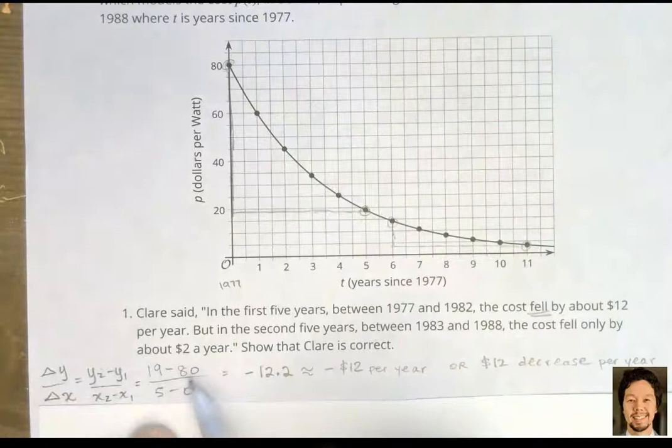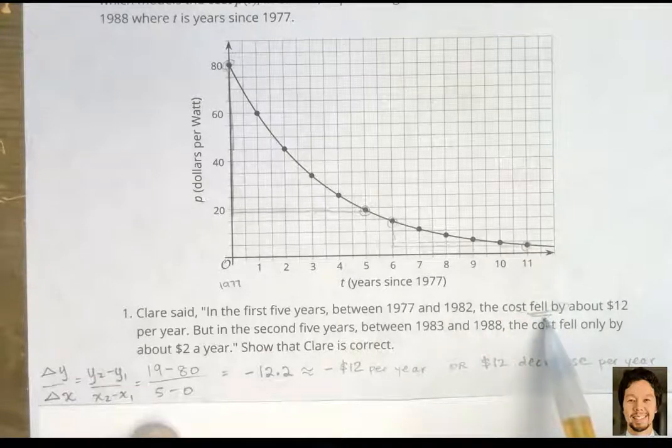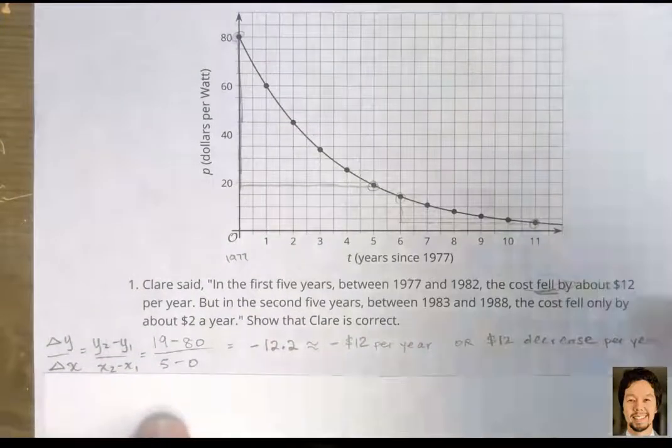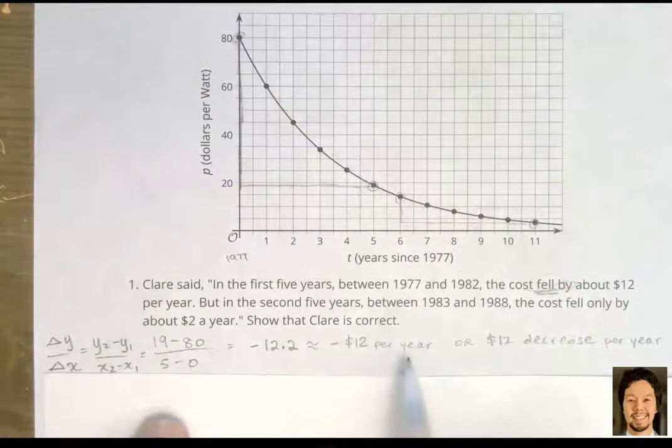So we have 19 minus 80 divided by 5 minus 0. And yes, we're subtracting a larger number from a smaller number. We're going to end up with a negative rate of change, which is fine because the cost fell. So the answer is negative 12.2, which is approximately negative $12 per year.